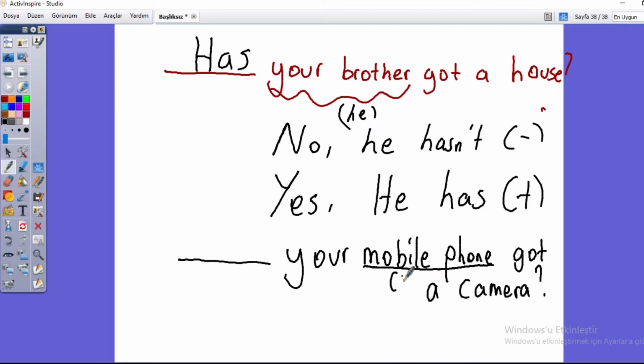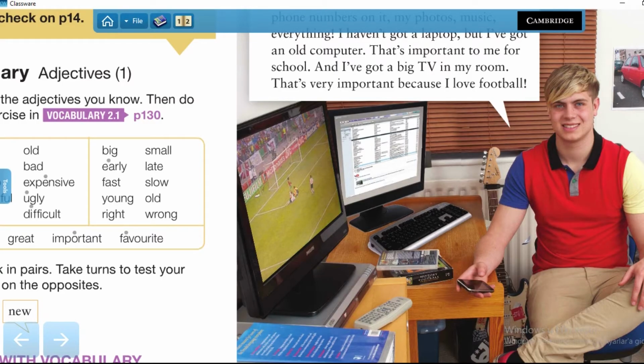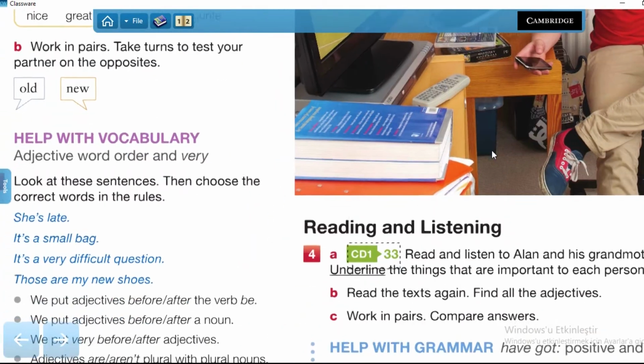So we use again has. Has your mobile phone got a camera? The answer is yes. Let's start with positive forms. Yes, it has. No, it hasn't. So look at the grammatical points on here.